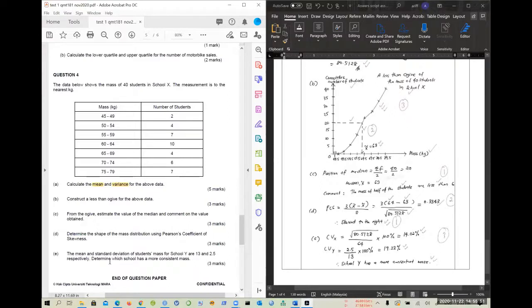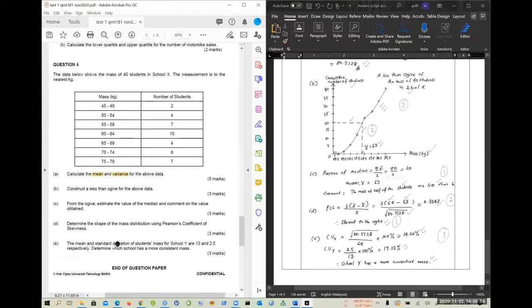And finally, the question asks you to make a comparison between school X and school Y, and determine which school has a more consistent mass. So you have to find CVX and CVY. Remember, CV uses standard deviation. So check whether the given information is in the form of standard deviation or variance. For CVX, you have to take the square root because just now you found the value 80.5128, which is actually the variance.